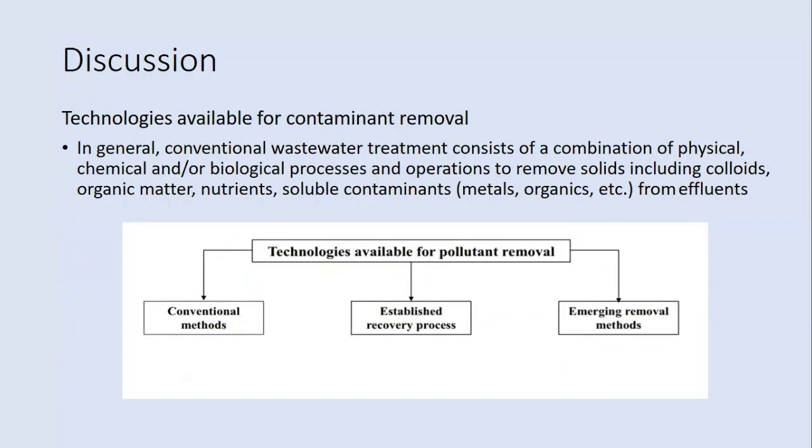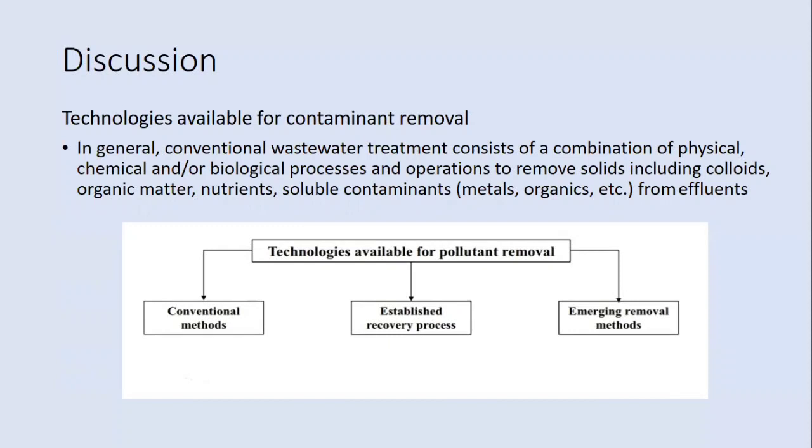In general, conventional wastewater treatment consists of a combination of physical, chemical, and/or biological processes and operations to remove solids, including colloids, organic matter, nutrients, soluble contaminants, metals, organics, etc. from effluents.